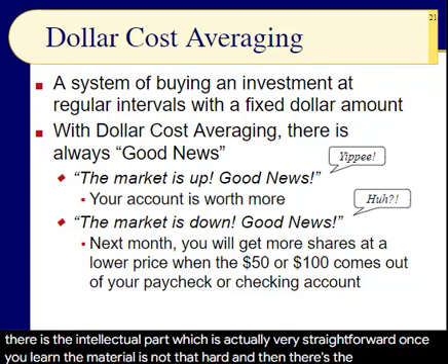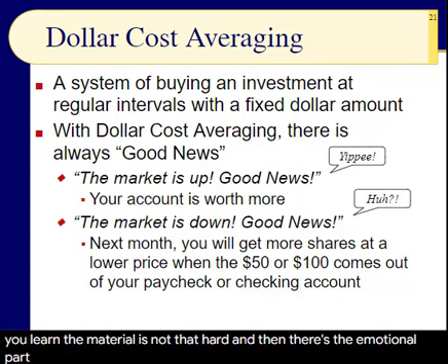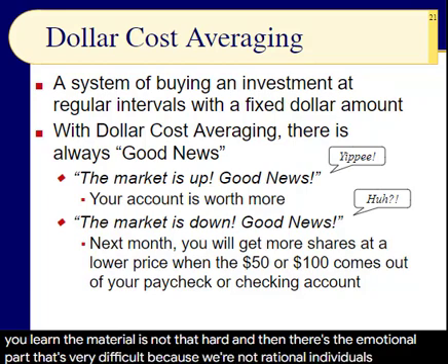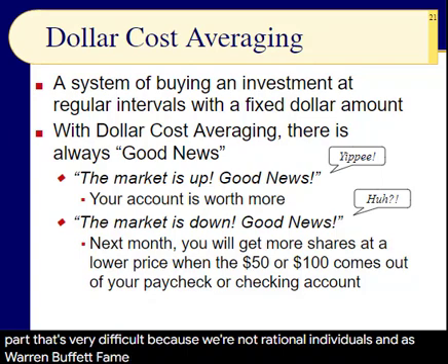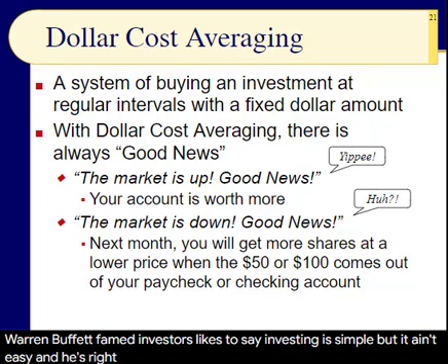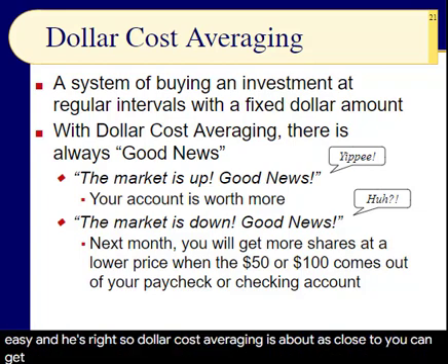And then there's the emotional part. That's very difficult because we're not rational individuals. And as Warren Buffett, famed investor, likes to say, investing is simple, but it ain't easy. And he's right. So dollar cost averaging is about as close as you can get to a drop-dead simple investment strategy. Now, it's not perfect, right?